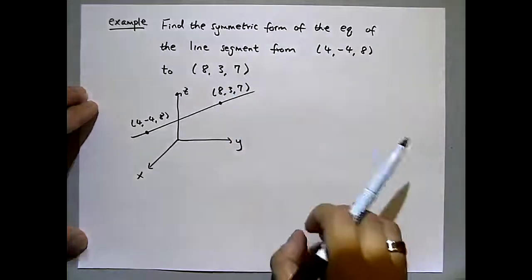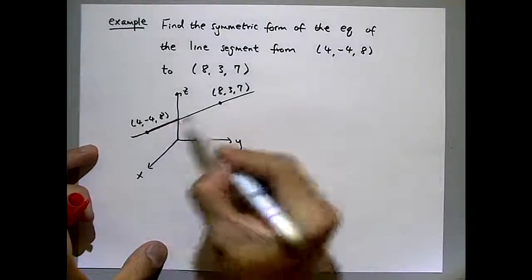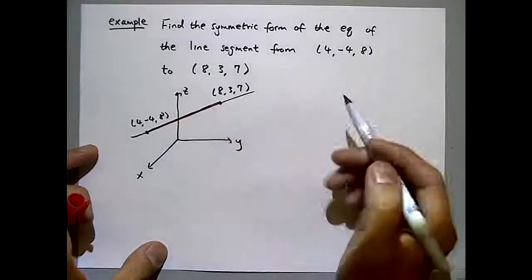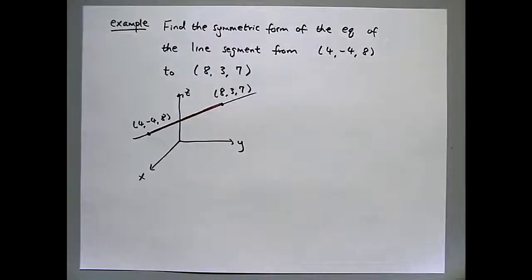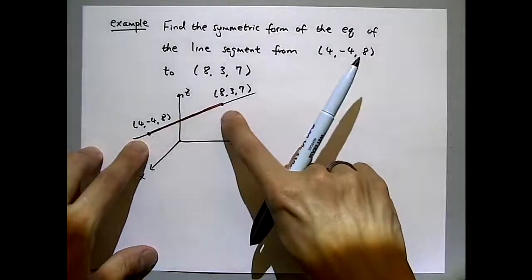Here, the only part of the line that we want is this part. We want specifically the line segment, not the entire line anymore, coming from here to here.